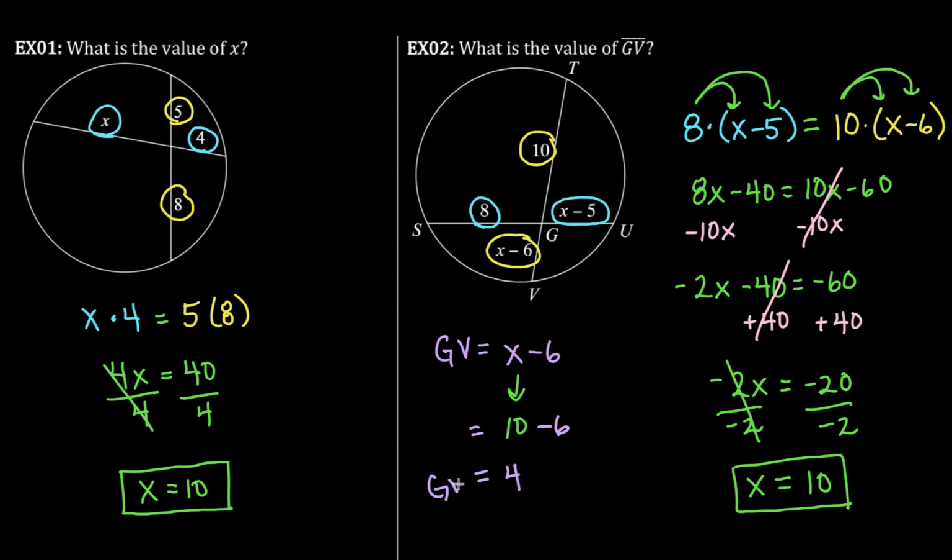So GV equals 4 units. Okay, cool. Now let's go to the next page.